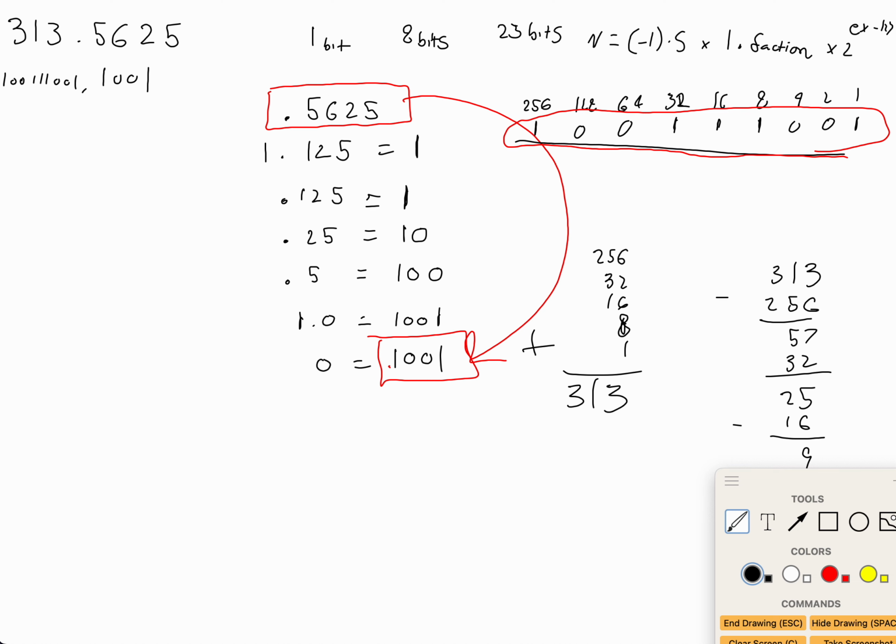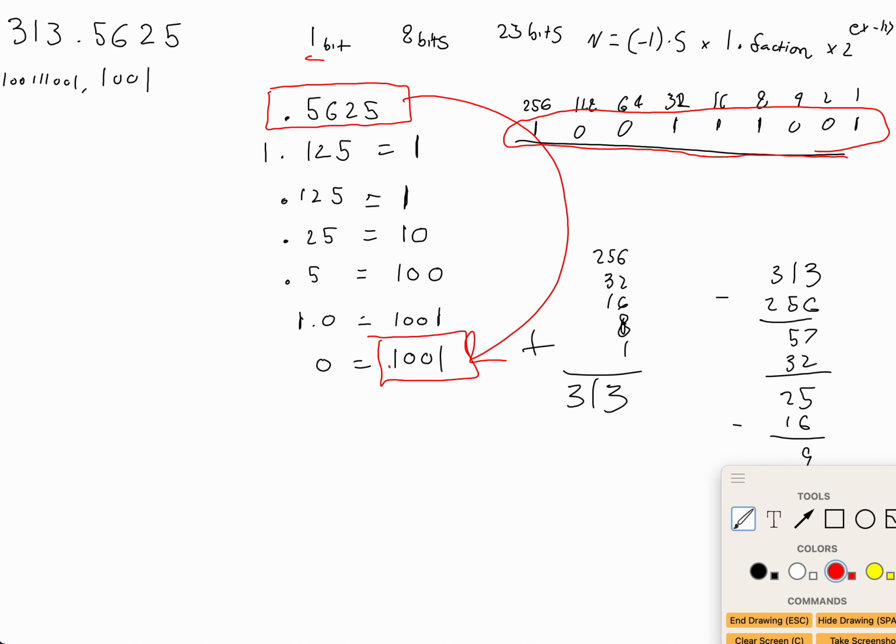Now, we need to store a sign bit, we need to store an exponent as 8 bits, and we need to store a fractional component as 23 bits. The way IEEE works is that we take our binary fractional number and we quote-unquote normalize it. What normalization means is that we make it so that the number starts as 1 point something.